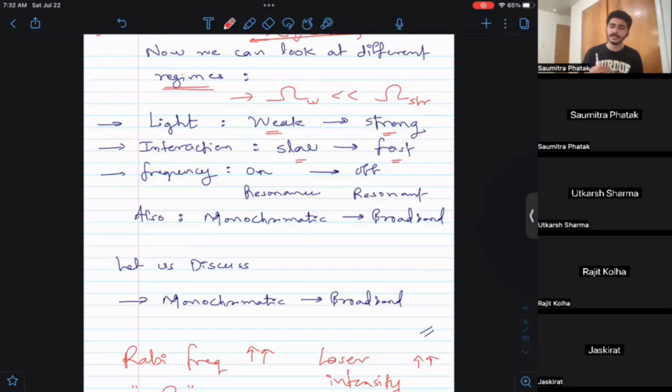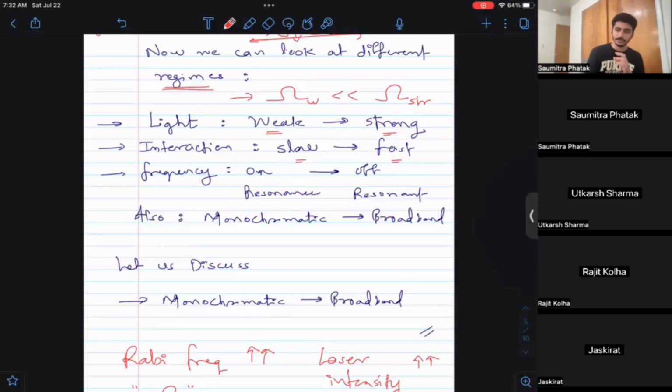Now, if you want to talk about a scenario where the incident laser has very high intensity, then in the exact same derivation, we just have to consider the limit where omega is very high. If we consider a limit where omega is very low, we'll go to a different regime. So exactly the same derivation, you have to apply to different regimes if you want to understand different physical scenarios.